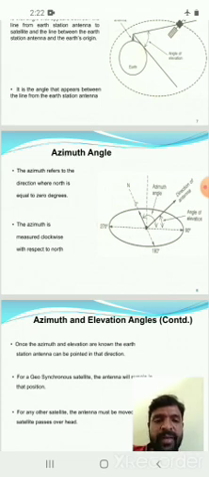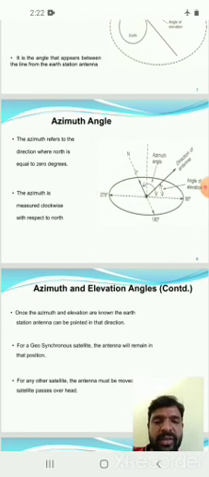So azimuth and elevation angle are used to measure the direction of the satellite from the Earth station. Once the azimuth and elevation are known, the Earth station antenna can be pointed in that direction.